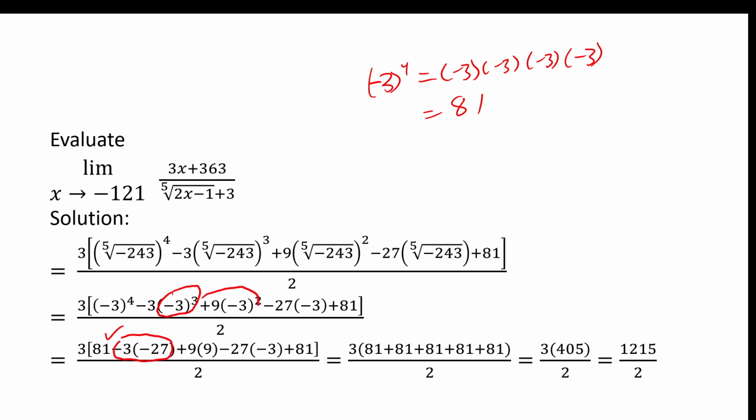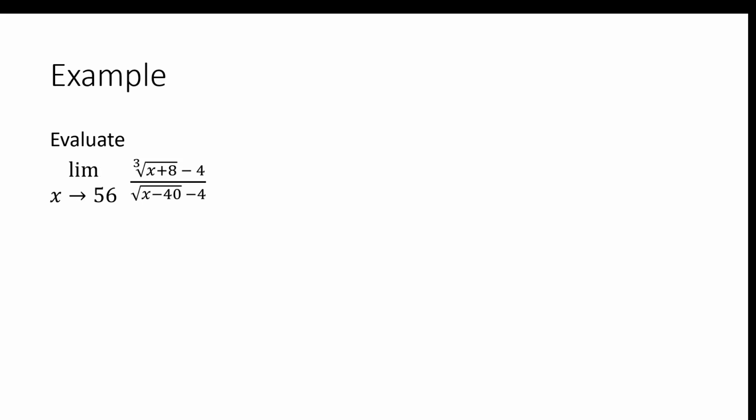This is going to be positive 9 times 9. This is going to be negative 27 times negative 3, as it says there. And we have 81. What ends up happening is all our terms in that second factor of the numerator are positive 81. Okay? And so we end up with 1215 over 2 as our answer.